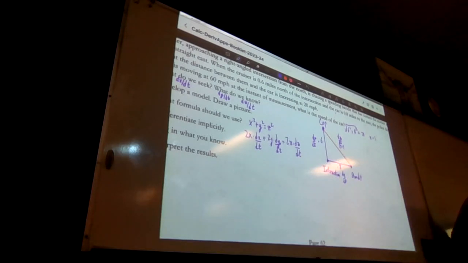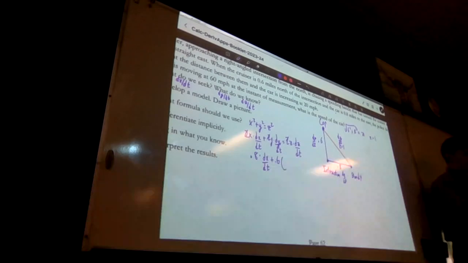Okay? So, what can I do with the 2's straight away? Cancel all the 2's. So, what is x equal to? x equals 0.8 times dx over dt. Do we know dx over dt? Nope. Plus 0.6 times, how fast is the car going? 60. However, this is where it gets a little difficult.